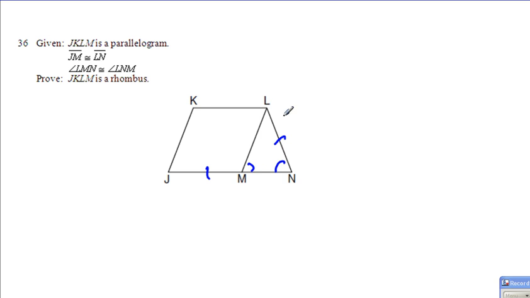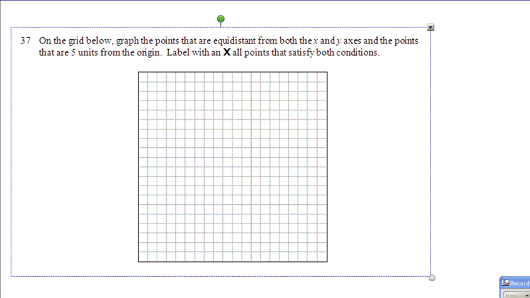Now we need to show that this is a rhombus. In order for us to show that this is a rhombus, one thing that we get to realize is this. Since this is an isosceles triangle, this side must be equal to that side. But wait a minute, this side is equal to this one already. By the chain rule, then we get to realize that opposite sides are equal because it's a parallelogram. Opposite sides are equal, then all sides are equal to each other, which is the definition of a rhombus. So there it goes.